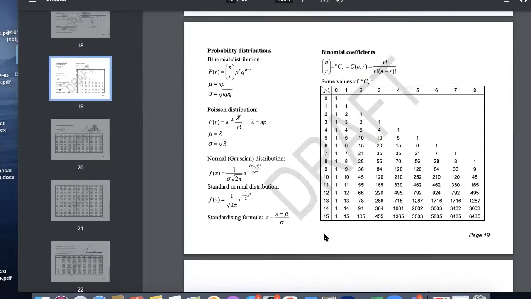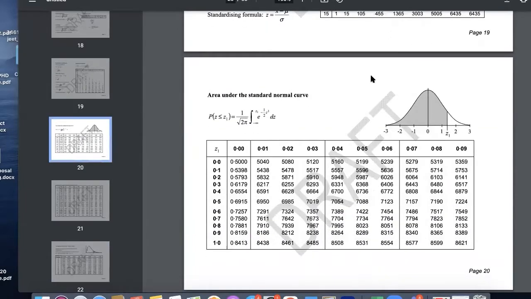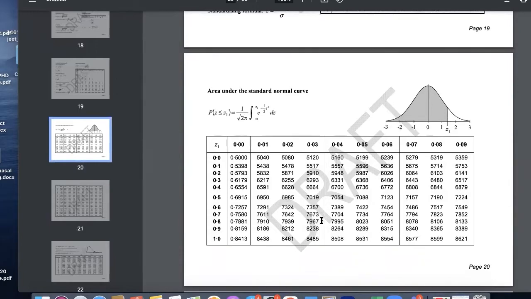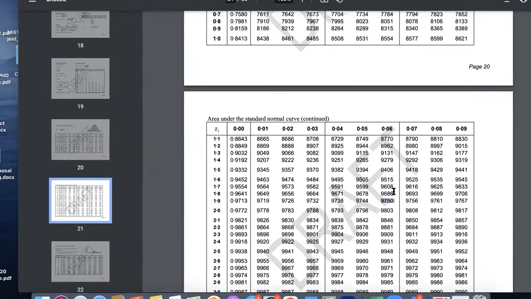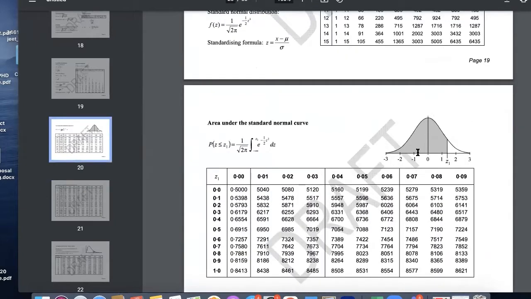I'm going down to the normal distributions. If you can't, shout. So you can see from the tables that a Z-score equates to all of the 95%, but also the 2.5% on the left. If I go down to 1.9 and across to 6 here, can you see that it's 0.975? That's the 95% in the middle, because we want to be 95% sure, and the 2.5% on the left.